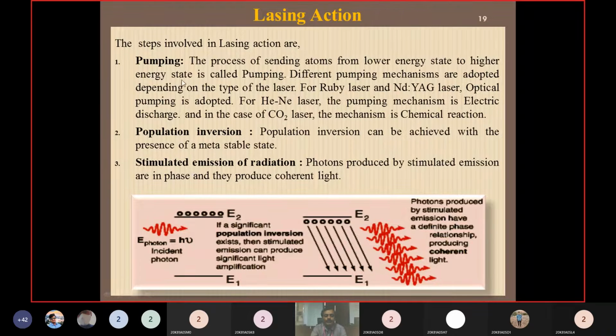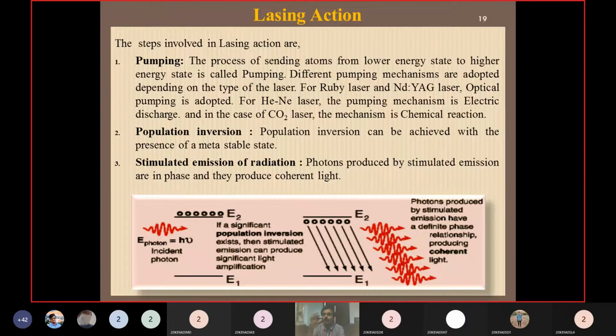Pumping. What is the pumping? Why is this pumping needed? To achieve the population inversion, we have to supply energy continuously. If you supply energy continuously to the ground state, what happens? Those electrons will go to the excited state.